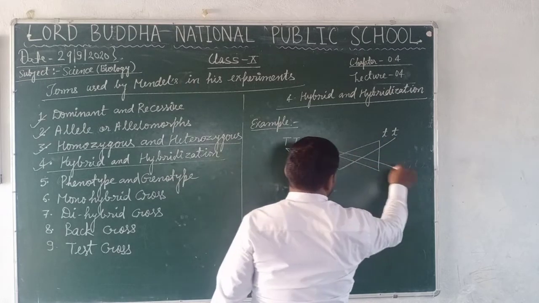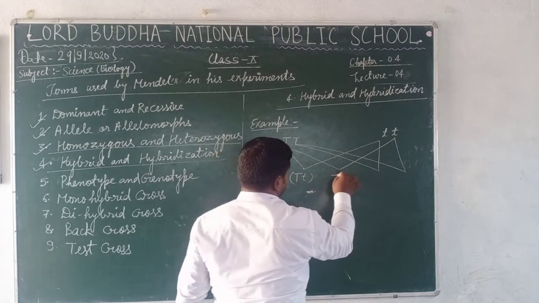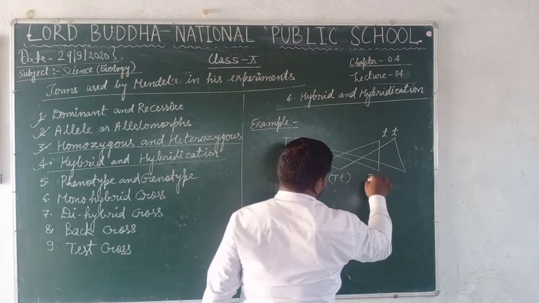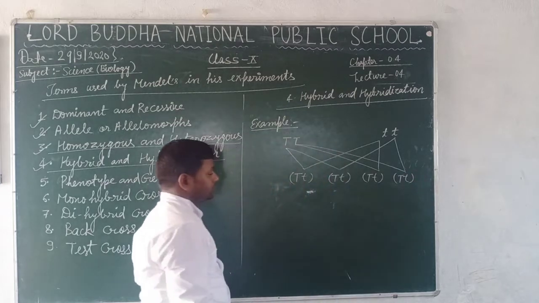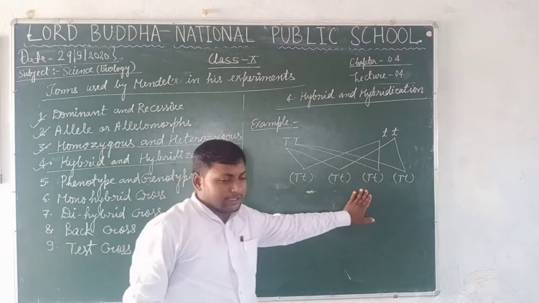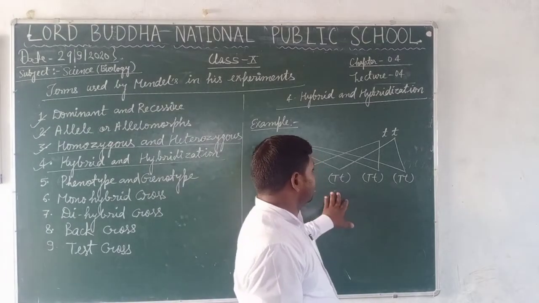In the F1 generation, we obtain all the plants having the allele capital T small t. So in the F1 generation, all the plants become hybrid in nature.